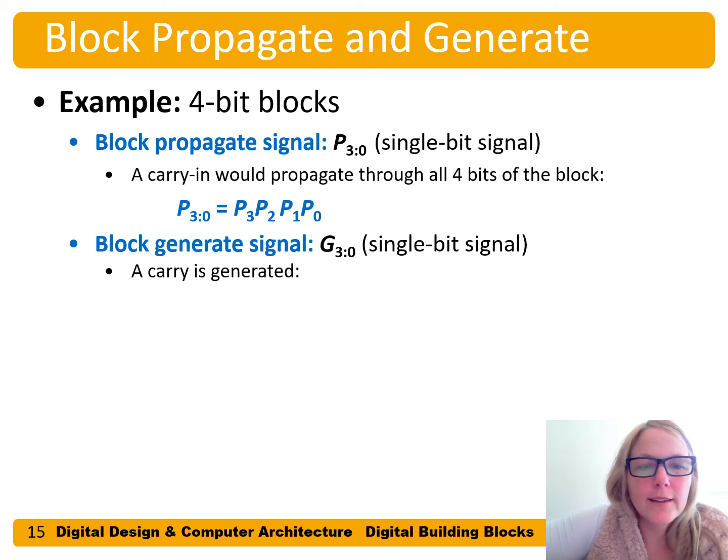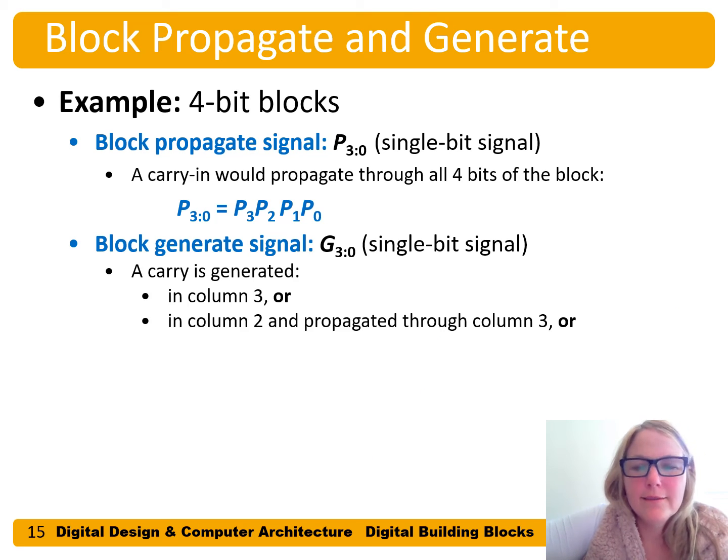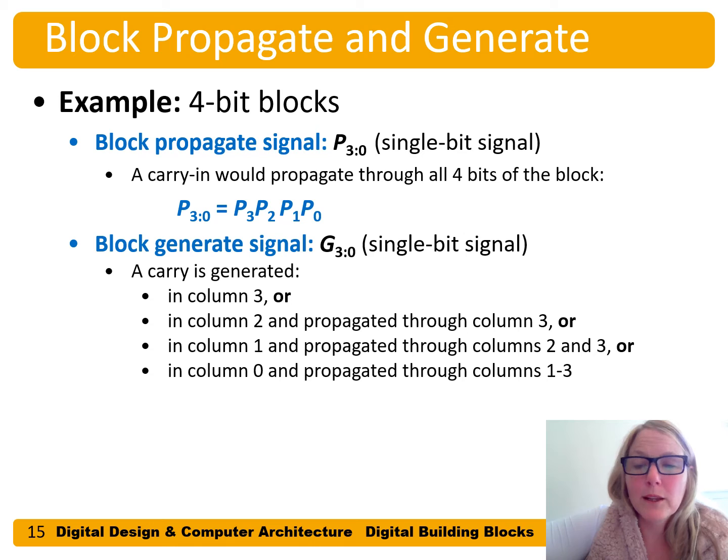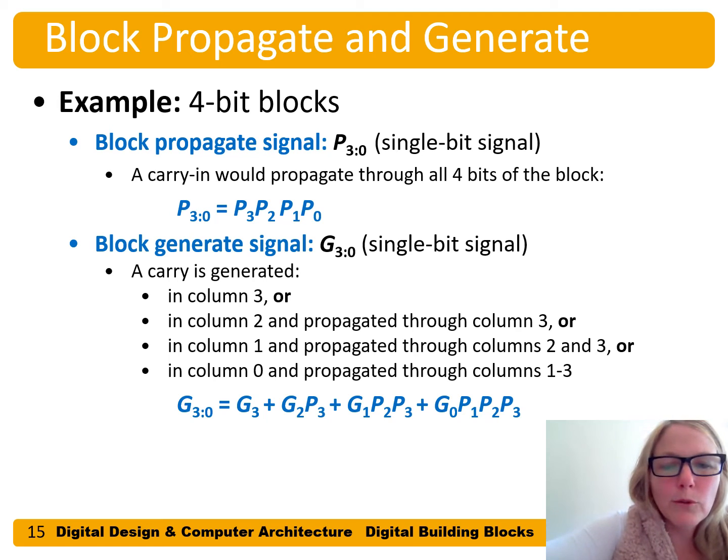Okay, so we can write that in words. Carry is generated. These are the ways to generate a carry out within that 4-bit block: by generating a carry in column 3, or in column 2, propagated through column 3, or column 1, propagated through 2 and 3, or column 0 and propagated through the remaining columns 1 through 3. And we write this like we just wrote it before. And then we can also write it in a different way, which you'll often see.